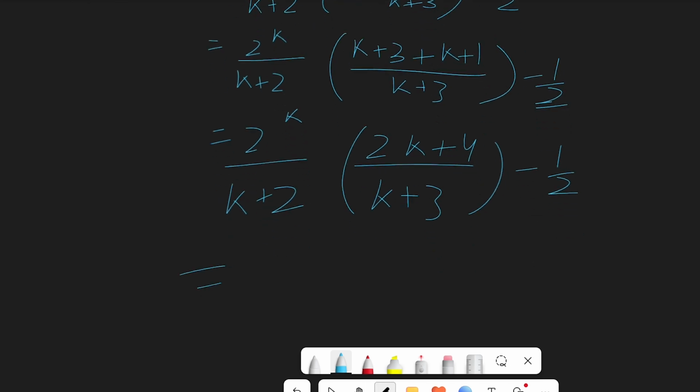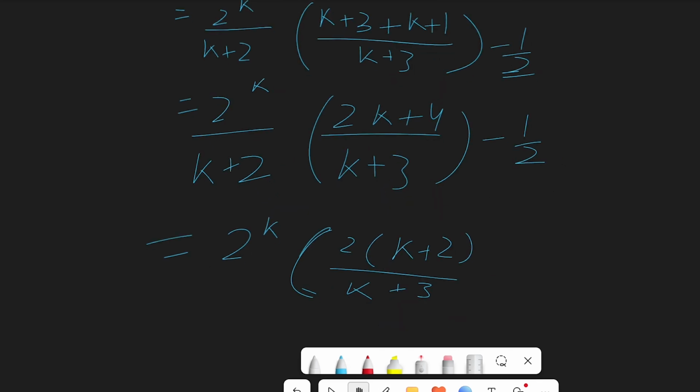Okay, and then what we will have is a 2 common from here as well. Okay, k plus 2 over k plus 3, yeah. So what do we have? 2 power k, 2 common over here, k plus 2 over k plus 3.